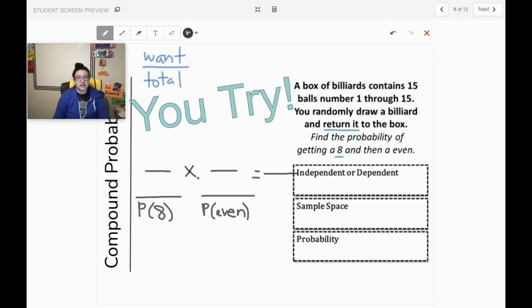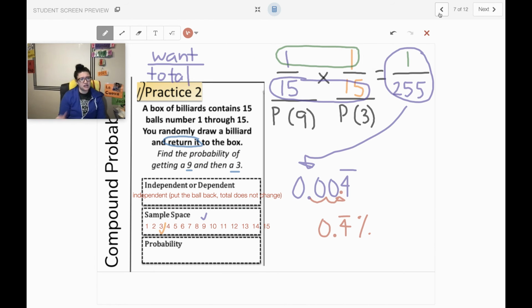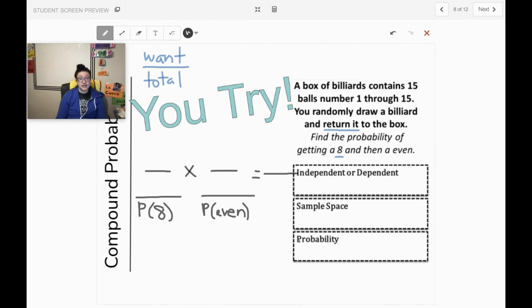I have to multiply them together. So if you need this last one, go ahead and click back to it or look back at your notes to help you fill in the information. Again, I want to see the probability in a fraction, decimal, and a percent like we did on the last one. Pause the video, try this one all on your own, calculate the probability of picking an 8, putting it back, and then getting an even.